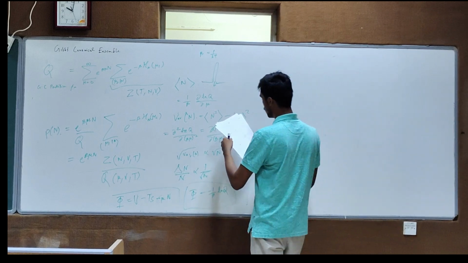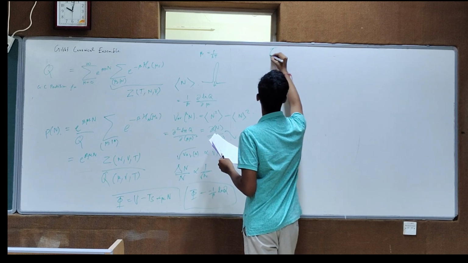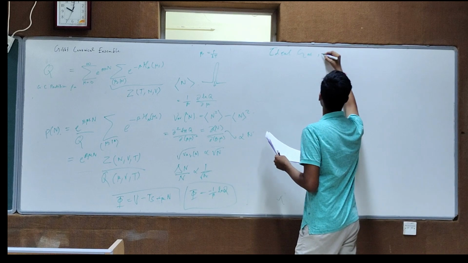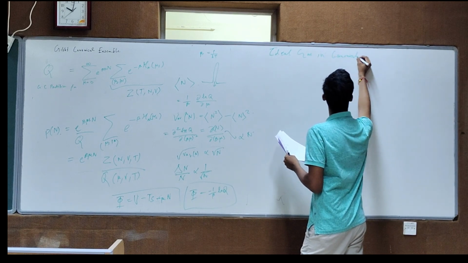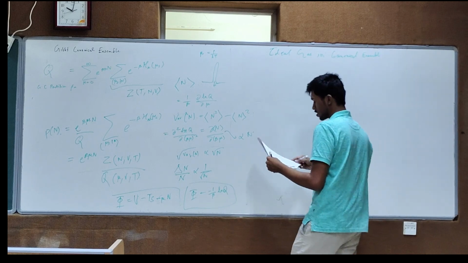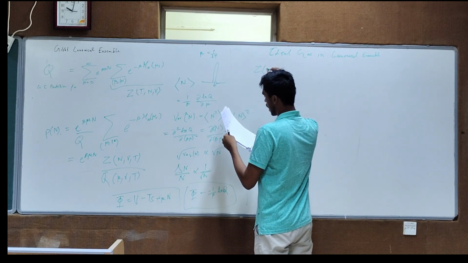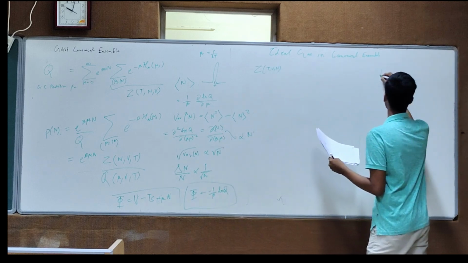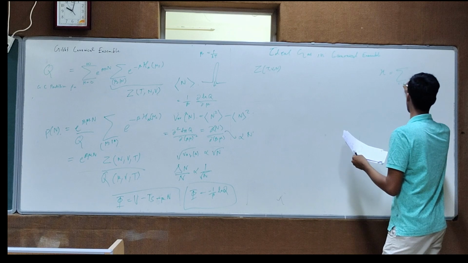Okay, so let us see an example of the ideal gas in a canonical ensemble. We can write the partition function of the ideal gas, as we know that the Hamiltonian is just the sum of the kinetic energies, with i equal to 1, 2, 3, and so on.